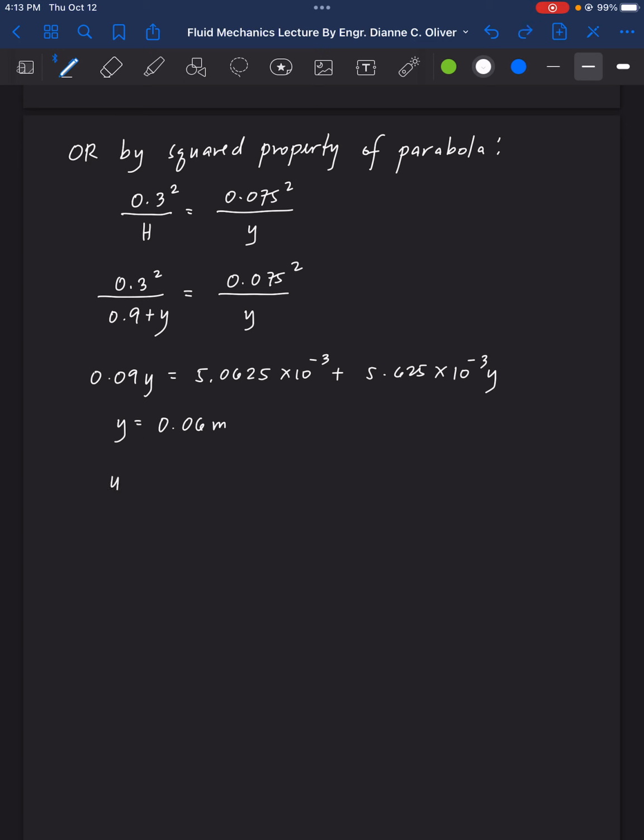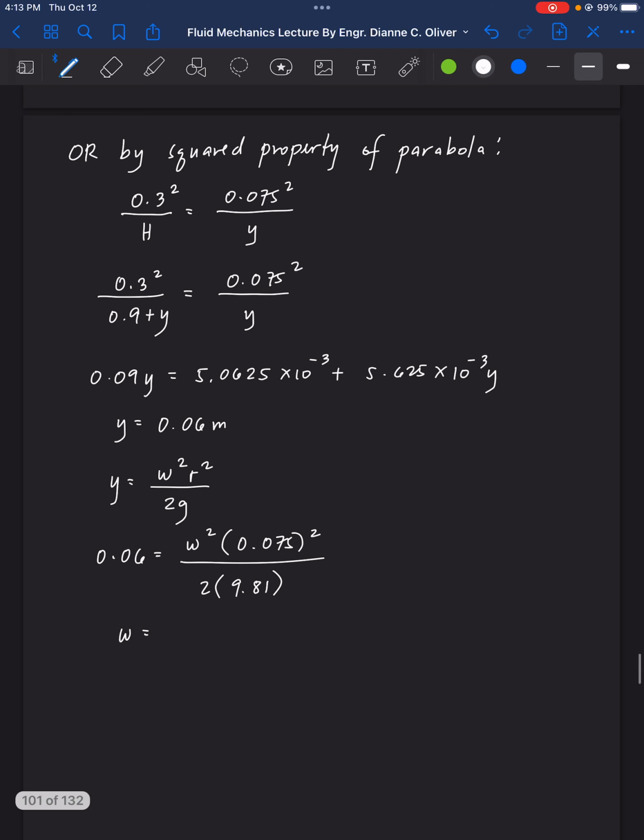So from the formula, y is equal to omega squared r squared over 2g. We have here 0.06 equals omega squared, the r of the smaller parabola there is 0.075 squared all over 2 times 9.81.